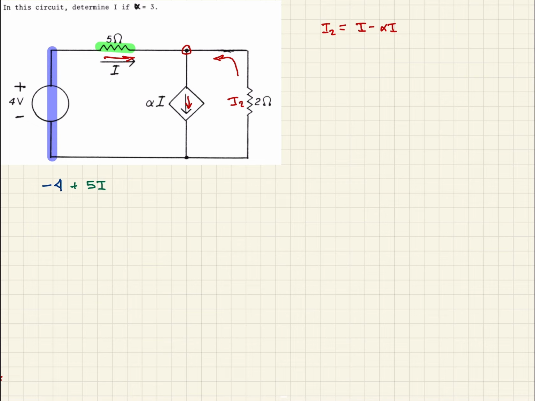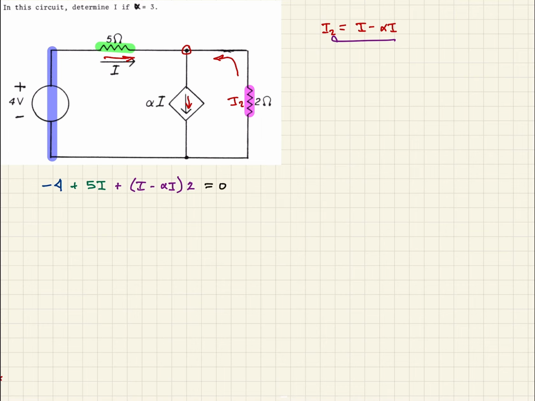Then we go through our 2 ohm resistor. In our 2 ohm resistor, we said that the current was defined up here. We know the current and the resistance, so that's going to be plus I minus alpha I, that's our current, times our resistance, which is 2. And that all has to equal 0.